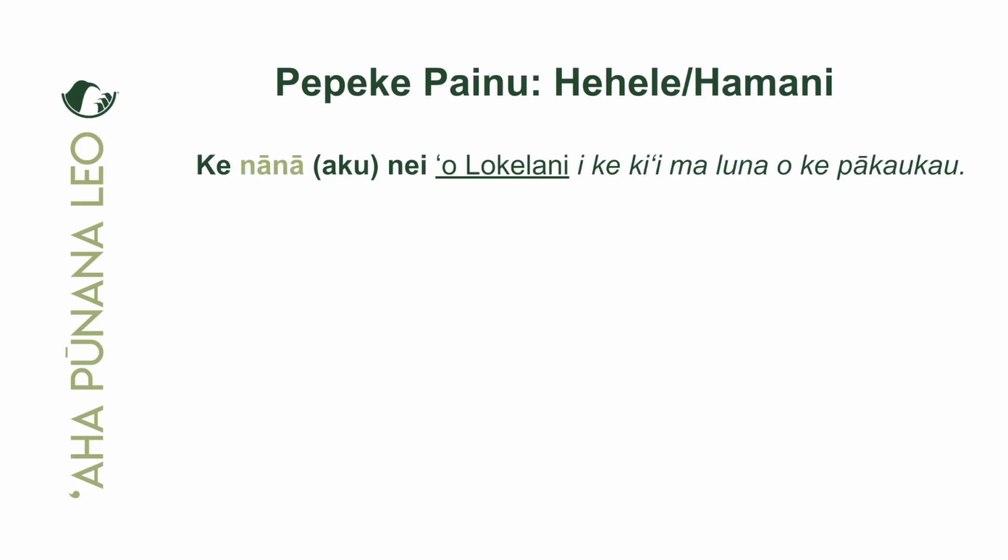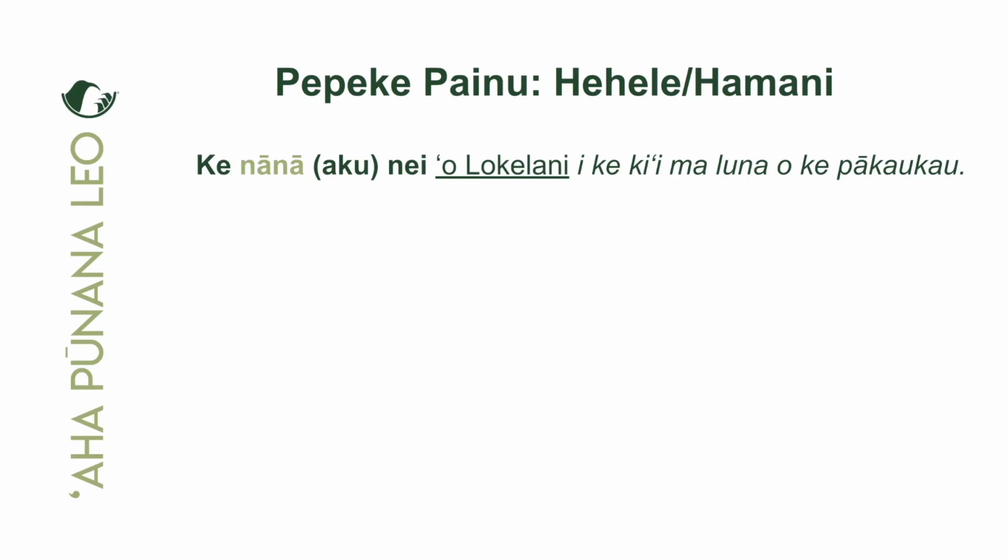Right? Who is looking? ʻO Lokelani. Lokelani is the piko. Because it's an inoa, we mark it with the ʻokina ʻo. What is Lokelani looking at? I ke kiʻi. The image, the photo, the picture. Where? Ma luna o, on top of what?